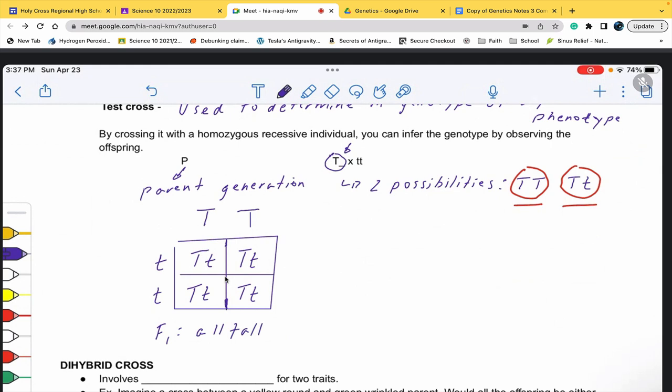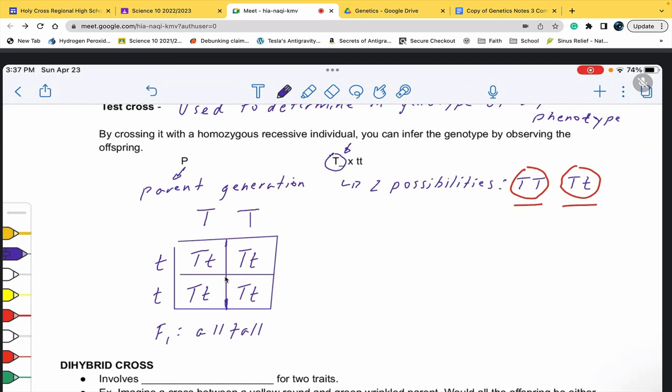Okay. So the big T represents the tall gene and the little t represents the short gene. Since there's at least one big T in all of these pairings, we know that the offspring are all going to be tall.